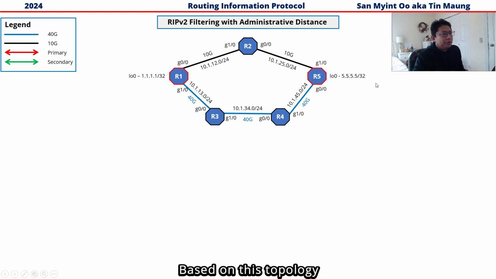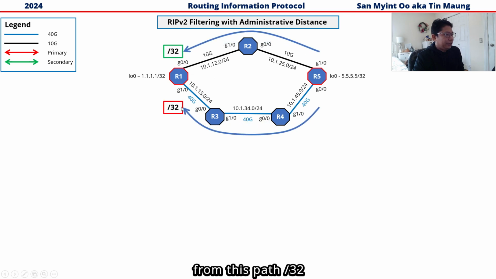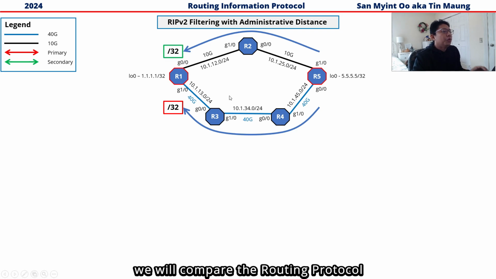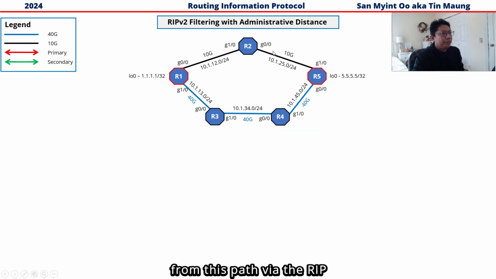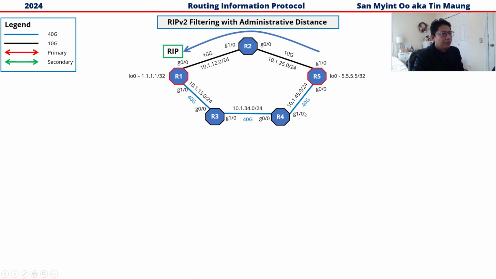Based on this topology, from router 1's perspective, it receives 5.5.5.5/32 from this path and /32 from this path, the same prefix length. If the prefix length is the same, for the next step we will compare the routing protocol. It receives 5.5.5.5 via RIP from this path and via RIP from this path. The RIP AD value is 120.